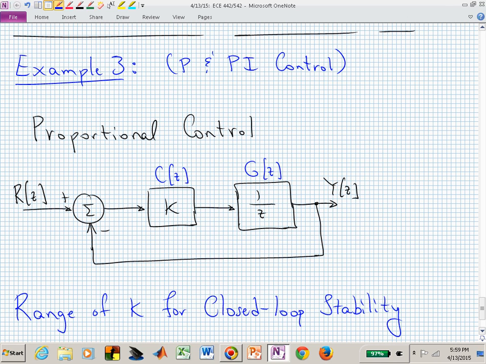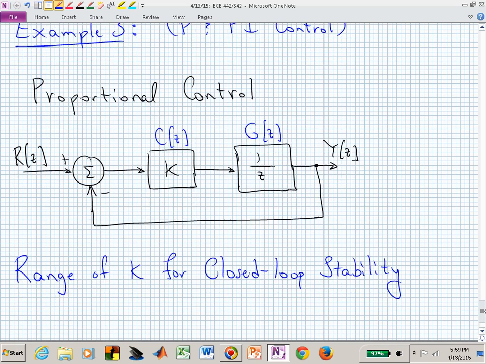It's simply a delay, isn't it? It's a 1 unit delay, a 1 sample period delay. That's all it is. So now we have a delay, and we want to introduce feedback and try to control that system, maybe to make it behave a little bit better for whatever reason.